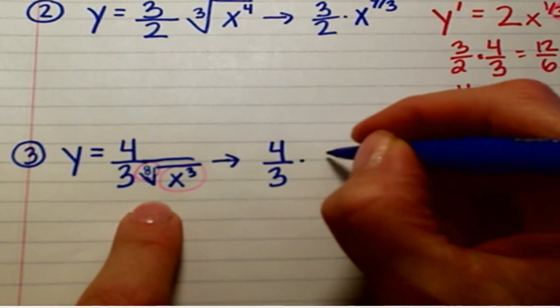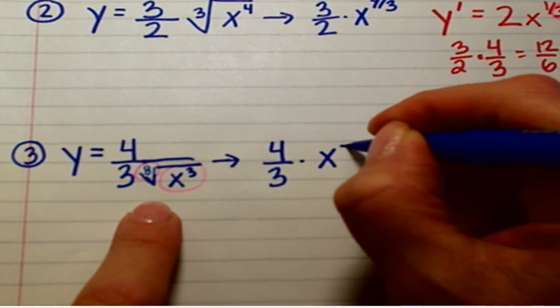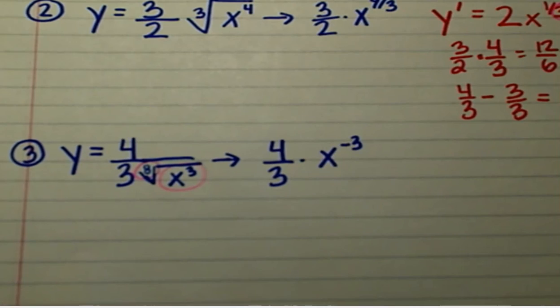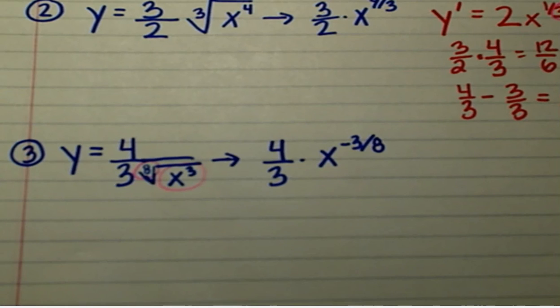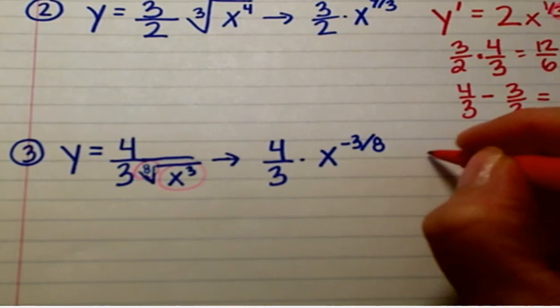But this, x to the -3, because the location needed to change. And the root had to move. Numerator and denominator is a reciprocal thing, the negative exponent. The root just becomes the denominator of the fraction.